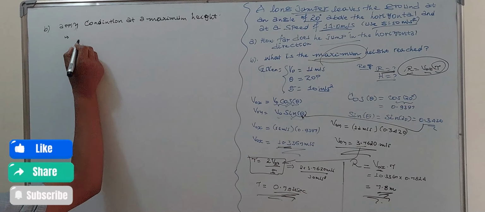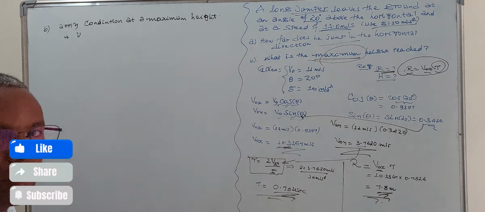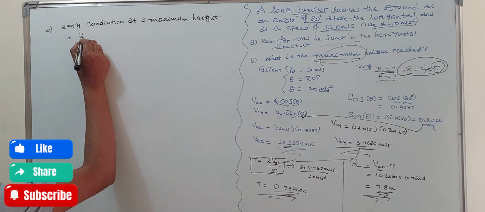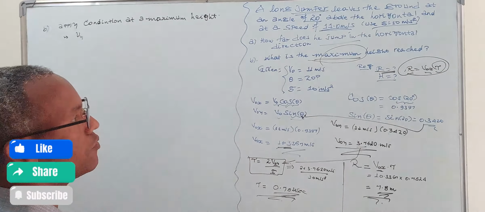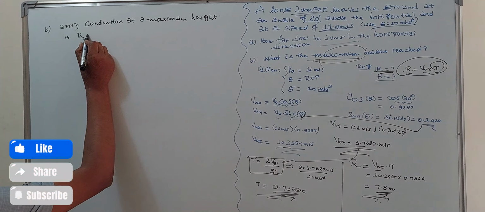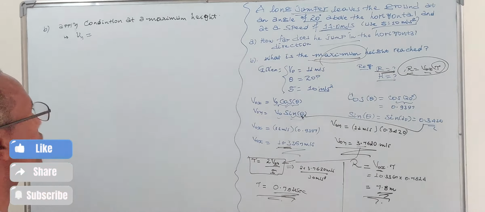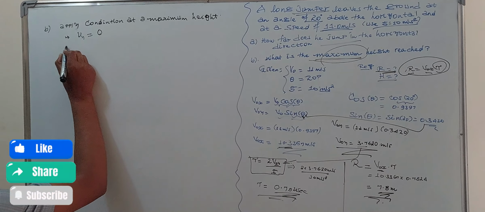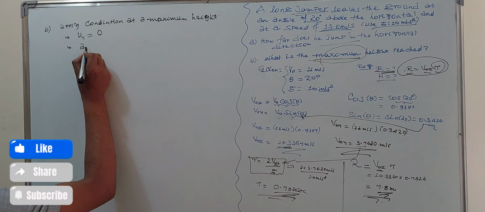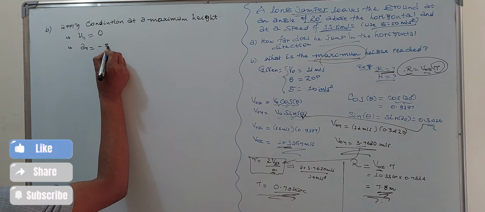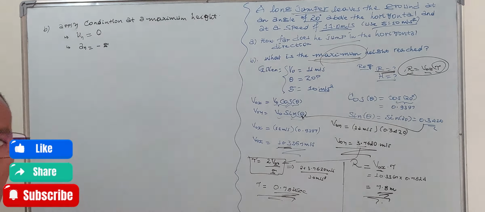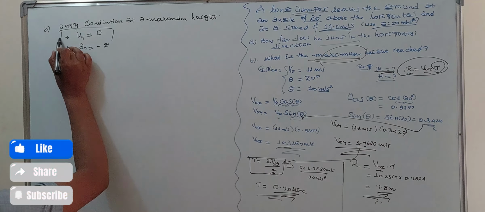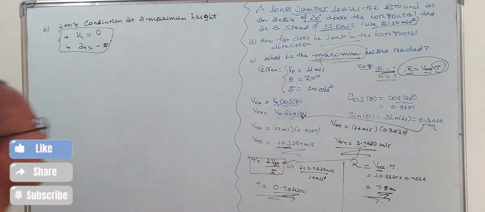The first condition is that the final vertical velocity is equal to 0 at the maximum point, and the acceleration due to gravity is equal to negative g, because acceleration due to gravity acts downward. Those are the conditions you need to understand to calculate this question.